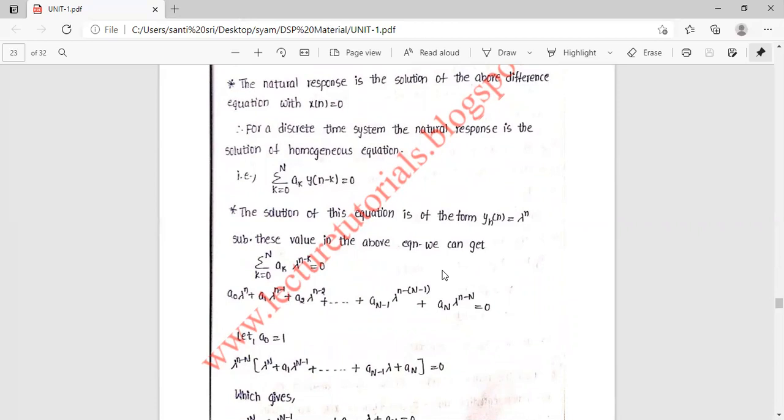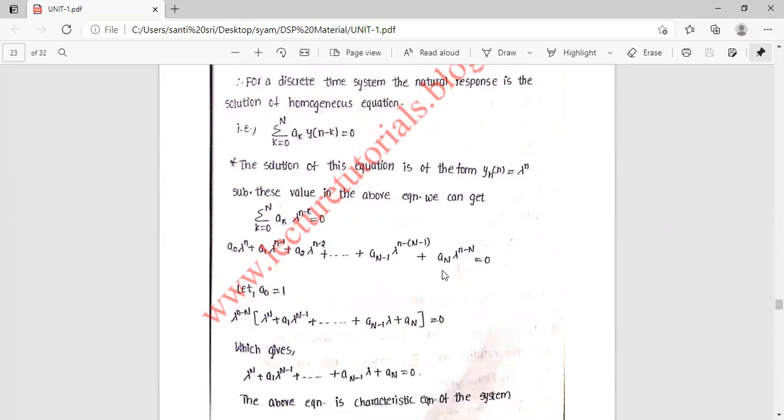Let us consider a naught is 1. Taking lambda power n minus N common, it will become lambda power N plus a1 into lambda power N minus 1 plus up to a N minus 1 into lambda plus a N is equal to 0.